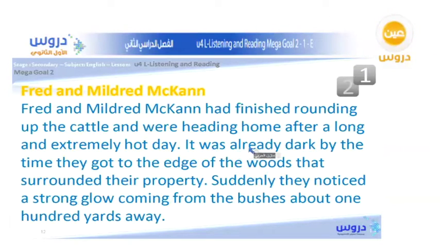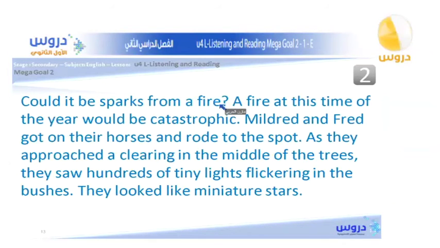Suddenly, they noticed a strong glow coming from the bushes about 100 yards away. Could it be sparks from a fire? A fire at this time of the year would be catastrophic. Mildred and Fred got on their horses and rode to the spot.